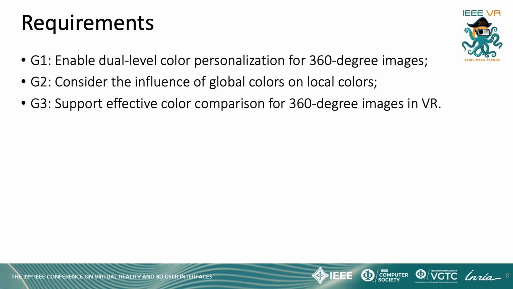To address the limitations, our method aims to enable dual-level color personalization for 360-degree images, consider the influence of global colors on local colors, and support effective color comparison for 360-degree images in VR.